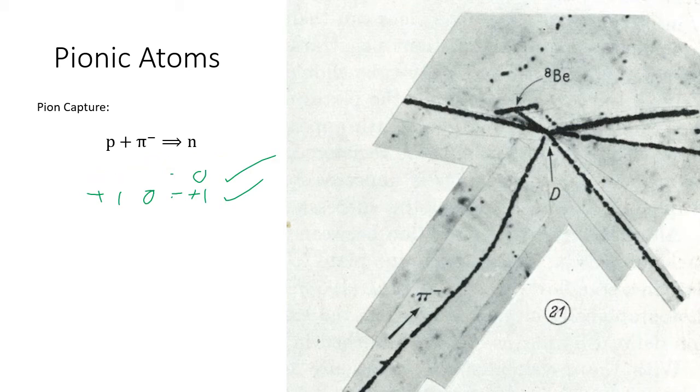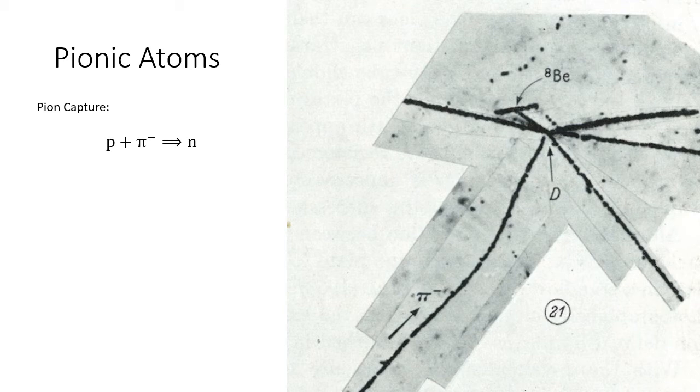What I hope is also clear, if you've been paying attention, is that there aren't any other rules. When an electron did this, when we had electron capture, we had to create a neutrino to compensate for the loss of the electron. We don't have to do that with the pion. The pion doesn't have any extra conservation rules associated with it.